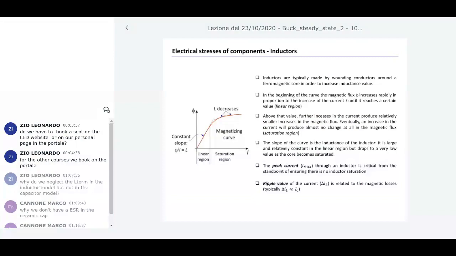From this point on, in order to choose all other components in that buck converter in CCM, we have to understand a little bit which kind of parameters I need to choose these components. Up to now, we just chose the inductor.